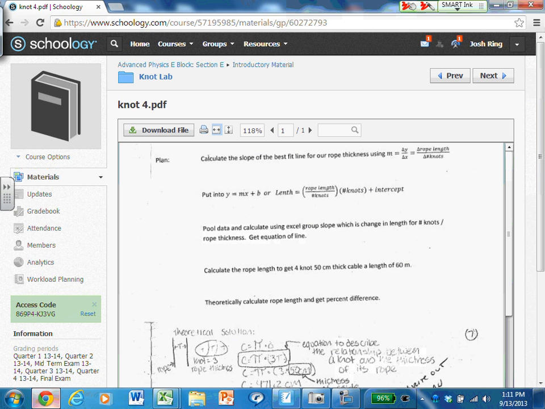So calculate the rope length. You get 4 knots, 50 centimeters, with a cable length of 60 meters. Do you have that written down? Everybody's got that already? All right, well, go ahead.